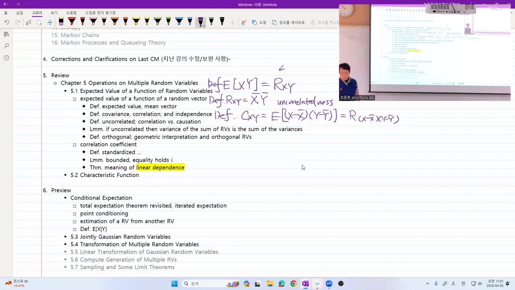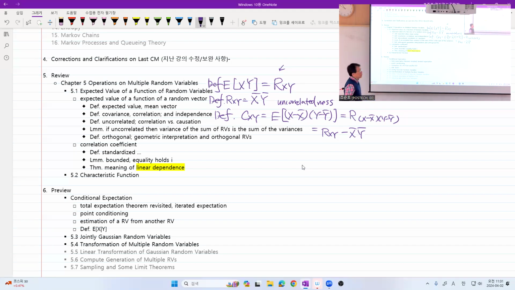And this has the relation that the centered version is equal to the uncentered version minus the product of the means. So we can reinterpret uncorrelatedness as what? The covariance is 0, because if this holds, then you have 0 here.